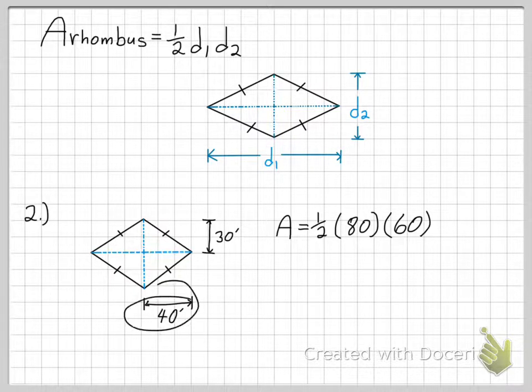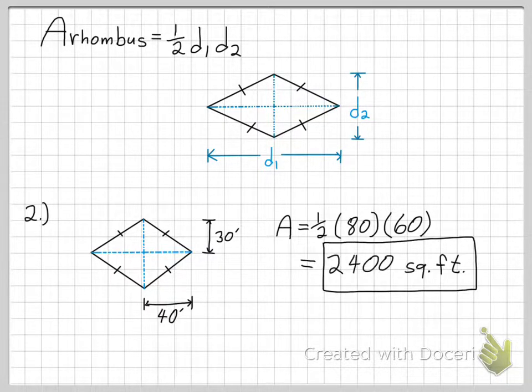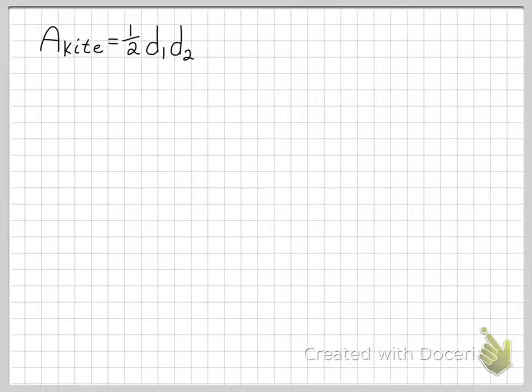So if this is 40, then the whole entire diagonal actually is 80, and if this quantity is 30, then this whole entire diagonal has to be 60. Okay? And so working this out, you get 2,400 square feet.